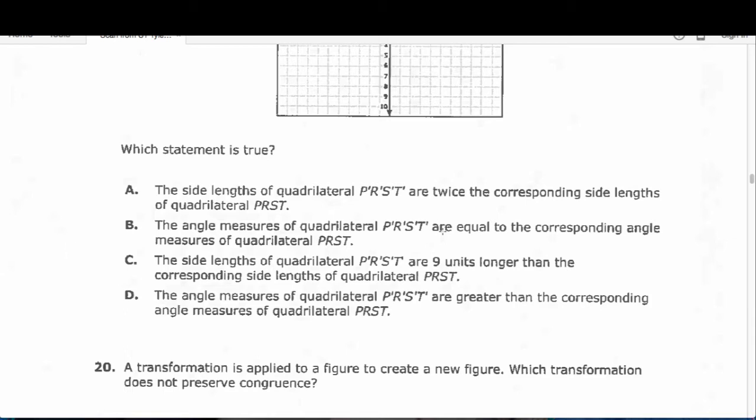B. The angle measures of quadrilateral P'R'S'T' are equal to the corresponding angle measures of quadrilateral PRST. C. The side lengths of quadrilateral P'R'S'T' are 9 units longer than the corresponding side lengths of quadrilateral PRST. D. The angle measurements of quadrilateral P'R'S'T' are greater than the corresponding angle measures of quadrilateral PRST.